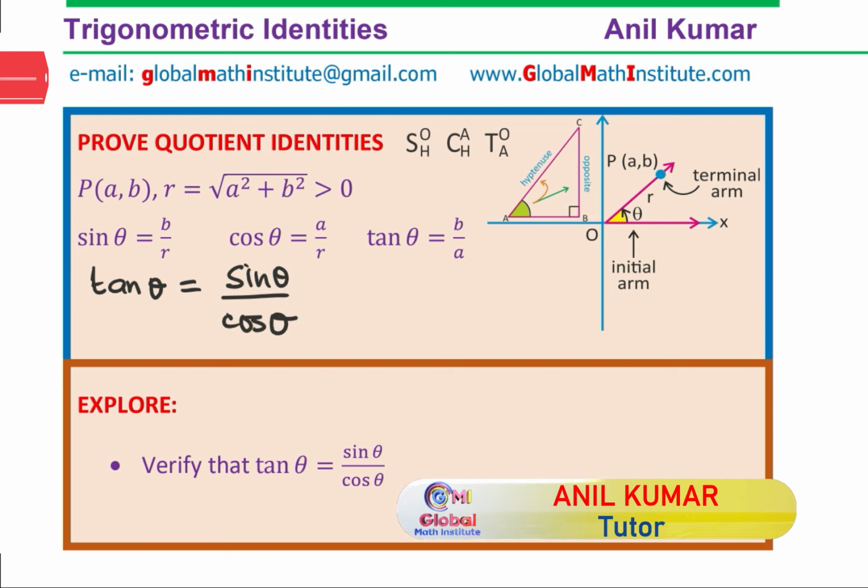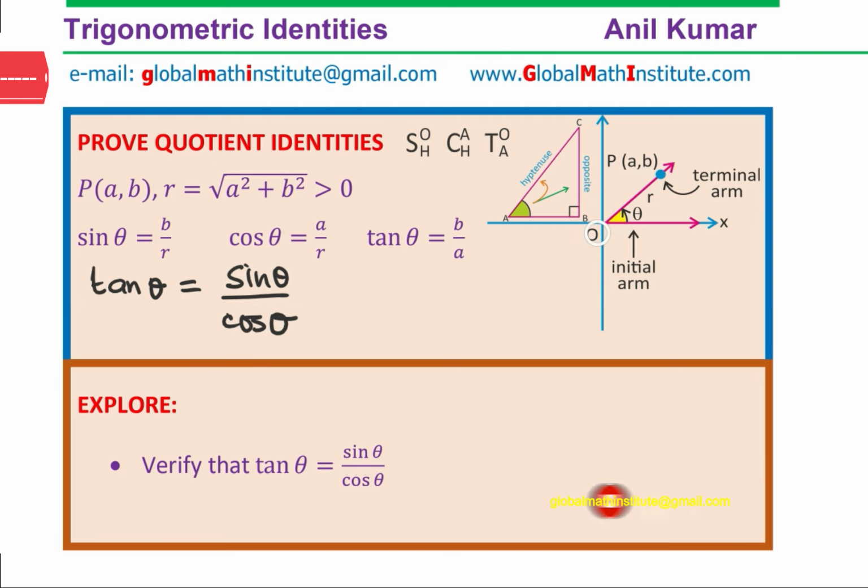One of the best ways to prove it is looking at the coordinate plane itself. So what I'm doing here is taking a point (A, B) on a coordinate plane. If I have a point (A, B), then R, the distance from the origin to the point P, will be the square root of A squared plus B squared, right? It will always be positive. So what is sine theta?